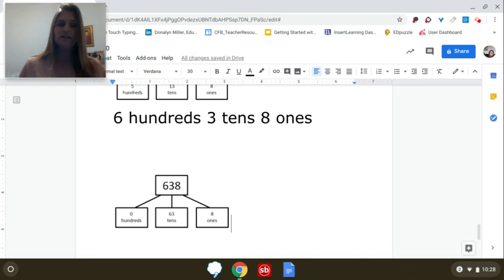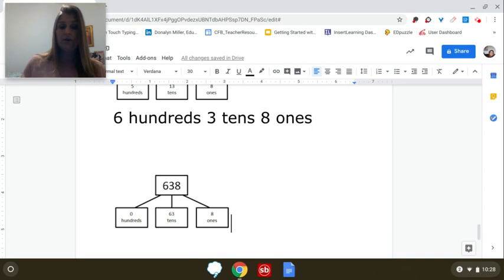Okay, let's look at this one. This one says 638, 0 hundreds, 63 tens, and 8 ones. So in this one, again, if I have 63 tens, what do I know?